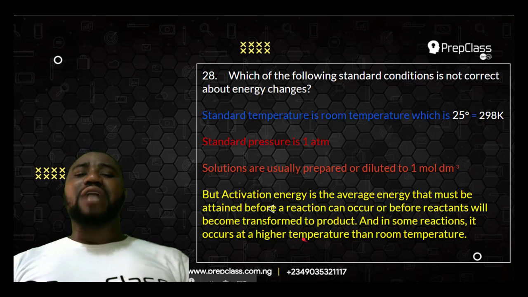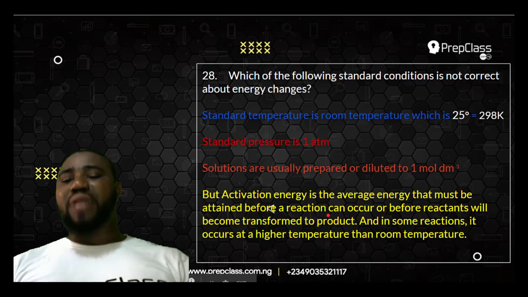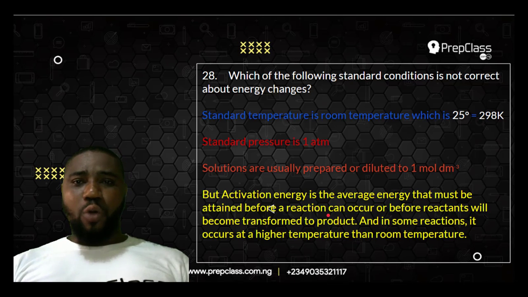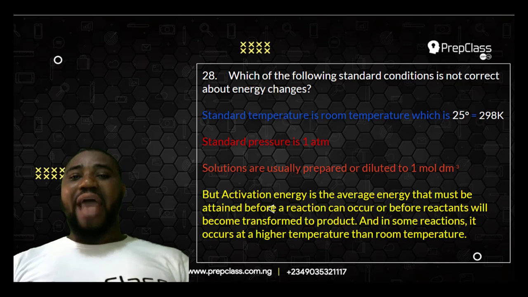So you can't tell me that all reactions will take place at room temperature. No. If I add a few drops of dilute Fehling's solution, which is blue, to a solution of glucose, I expect glucose to reduce Fehling's solution to the brick red color of copper 1 oxide, and that is a simple test for a reducing agent, most especially glucose.